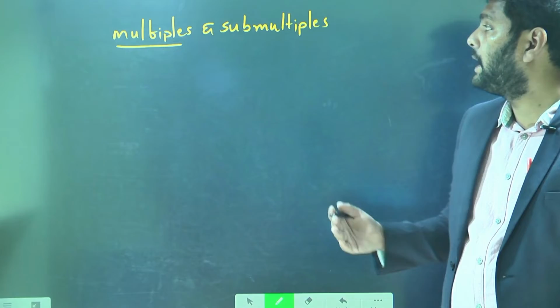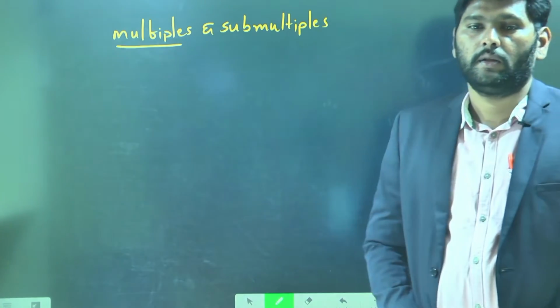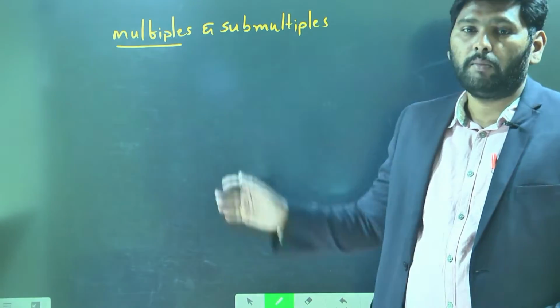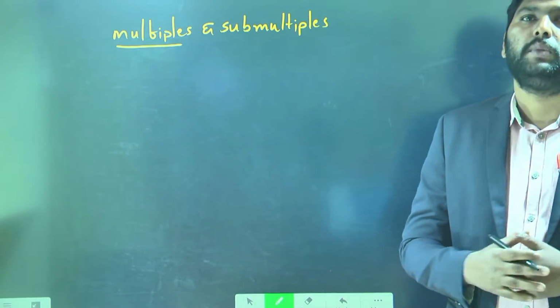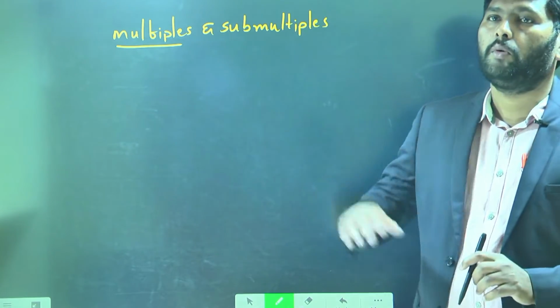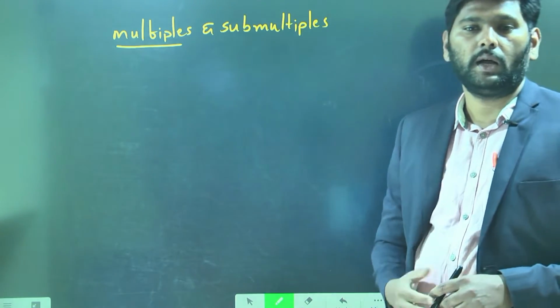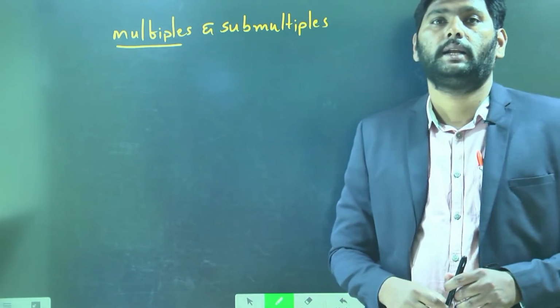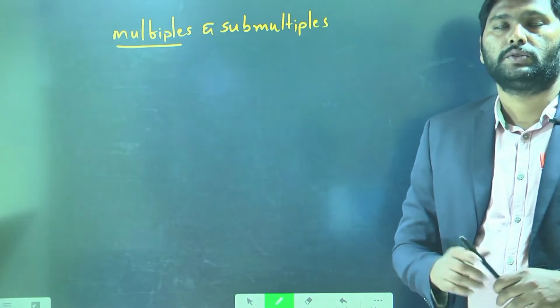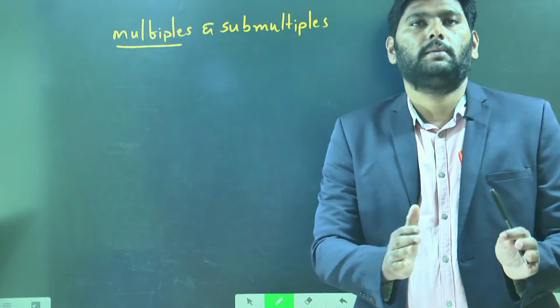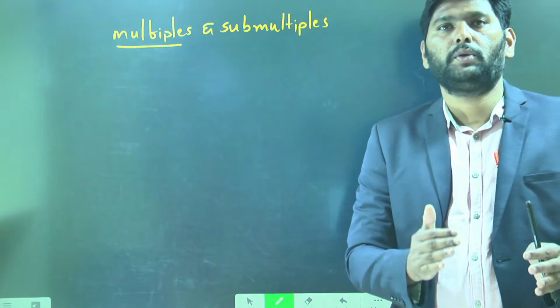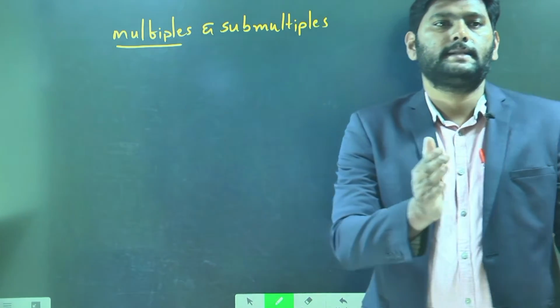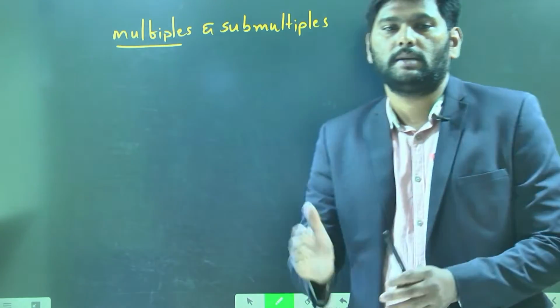Above 10 we call multiples, and below 10 we consider submultiples. This is the way we take multiples and submultiples. These help you to convert one system of unit to another system of unit.